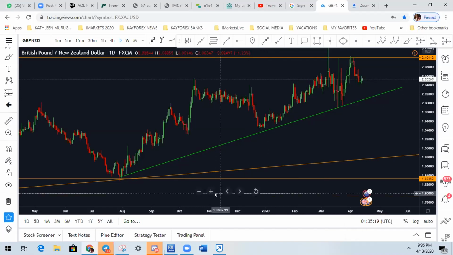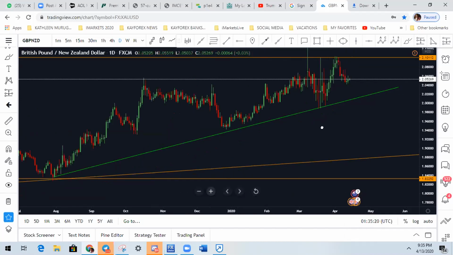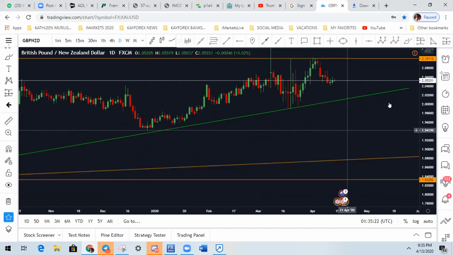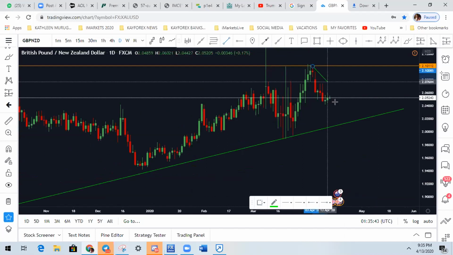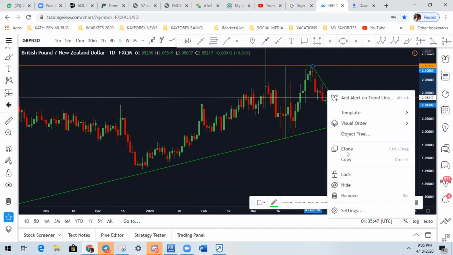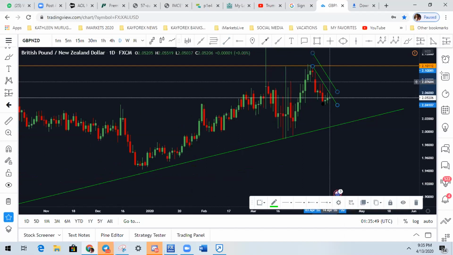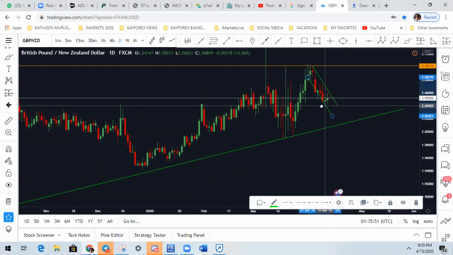But as you can see on the daily, this correction right here, then price went up and now it's correcting. This is an ascending channel in the daily.